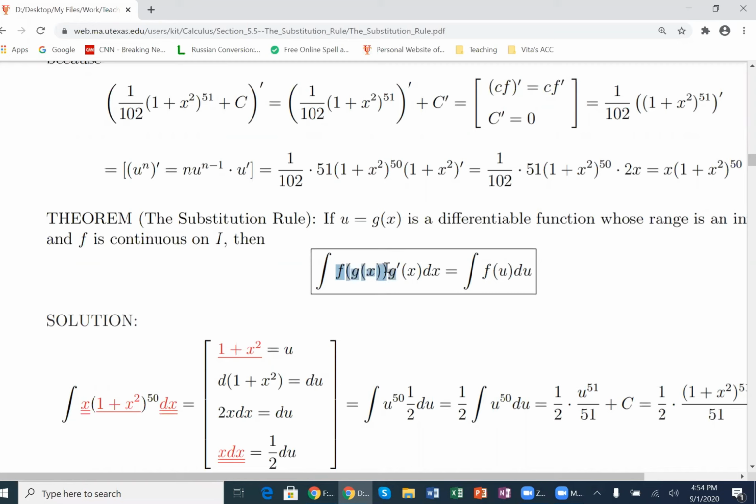So this is y to the -1st power. This is y prime dx, which can be written as y to the negative first power dy. I know it's a little bit confusing.